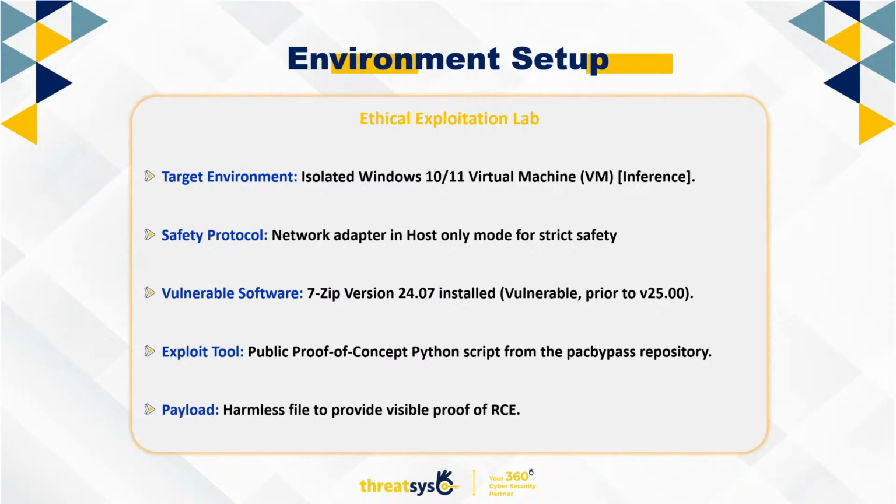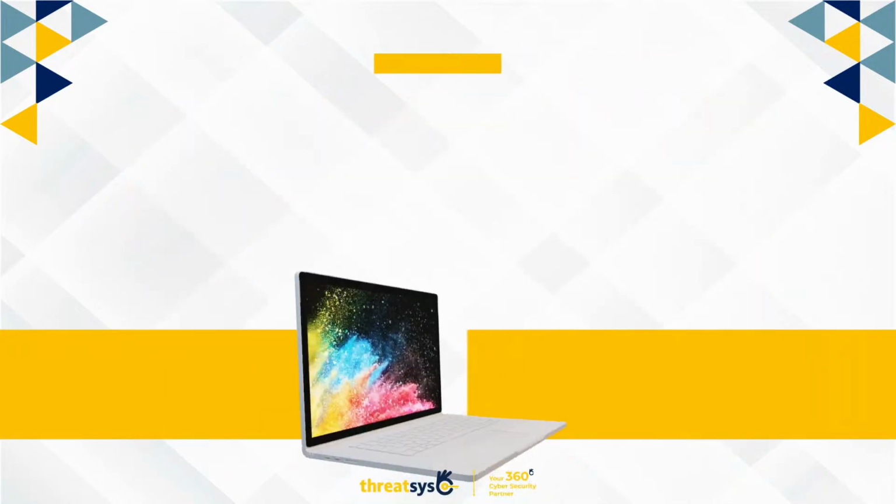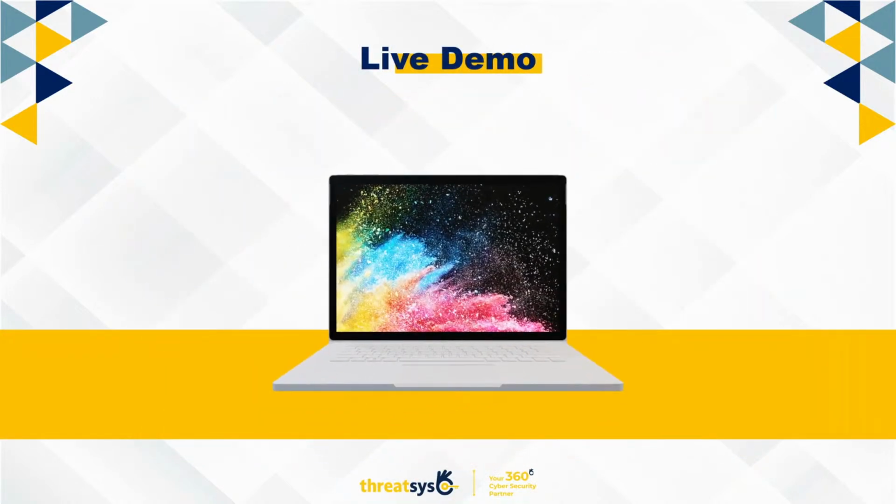Then I have installed the vulnerable, unpatched version of 7-zip. I also have a proof-of-concept Python script, which will create the zip file used for exploitation, and a harmless payload, only to demonstrate in this webinar. So let's move on to the live demo.